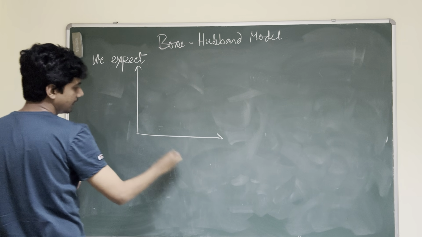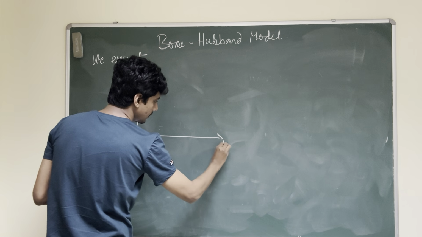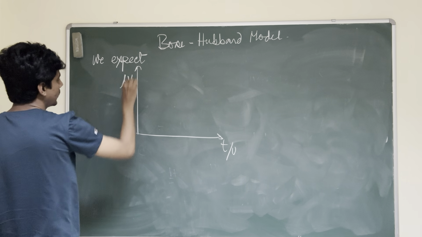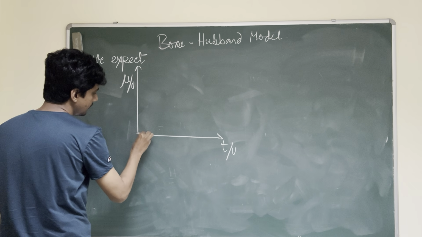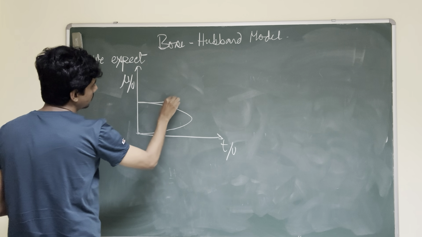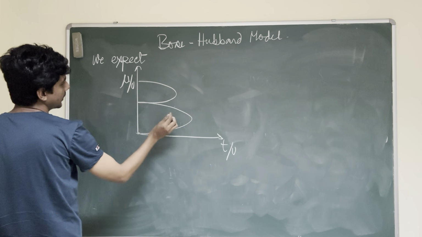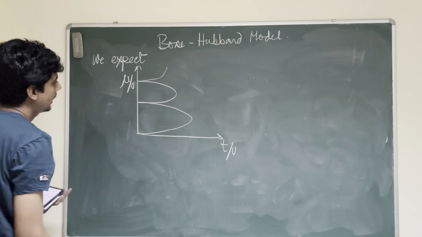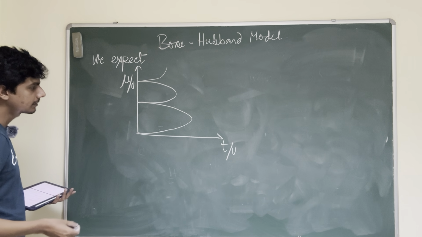So if I plot here the hopping t by U and here mu over U, then we see there are some lobes created, and systematically these lobes get smaller and smaller as the chemical potential rises.